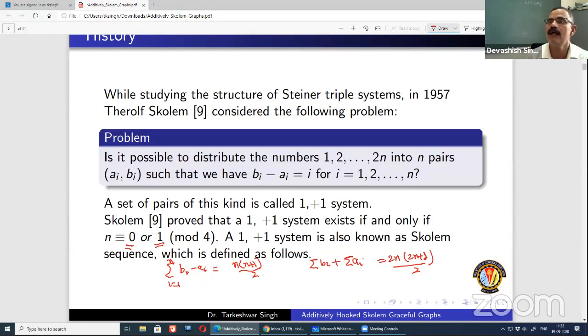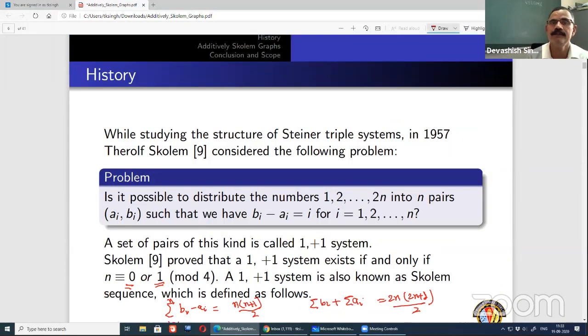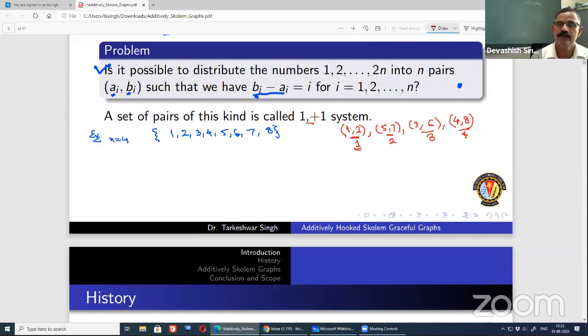Now, why is it called a Skolem sequence? As you see, consider these are the 8 positions, say C1, C2, C3, C4, C5, C6, C7, C8, the place values. Then you can see 1 and 1 will appear because of the difference of 1 and 2.